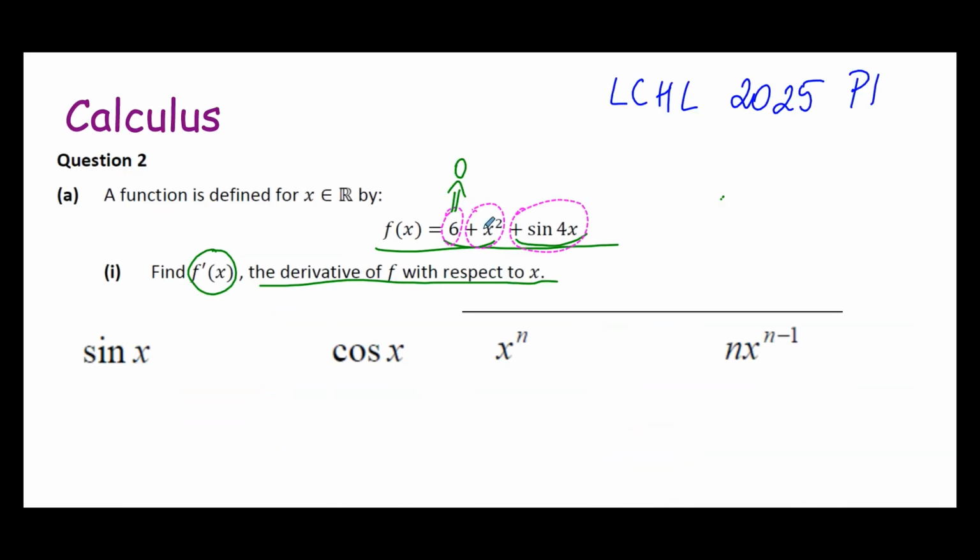So that's what we have. First, we have x to the power of 2, so that looks exactly like our formula, where we identify that n is 2 in this particular example. So that means I'm going to have 2 here followed by x, then 2 again, minus 1, therefore 2x to the power of 1. That's simple enough.